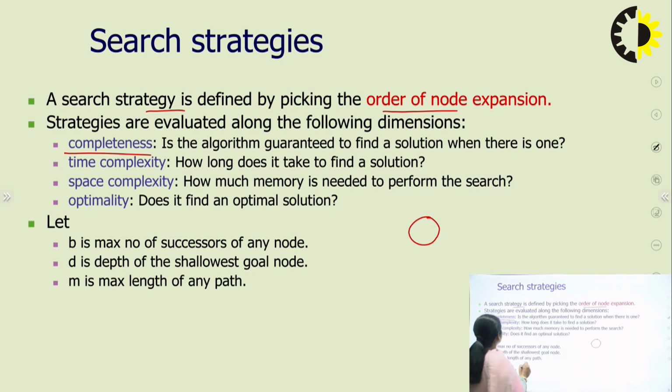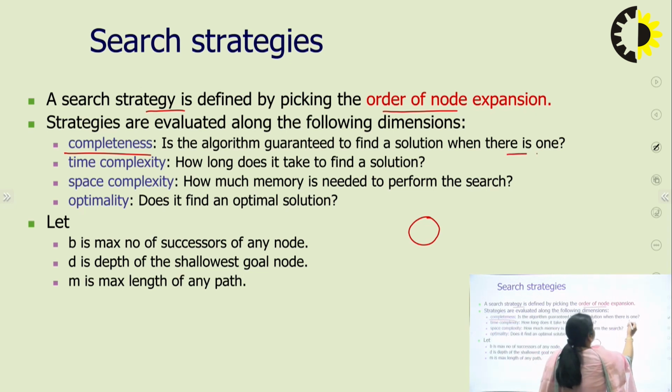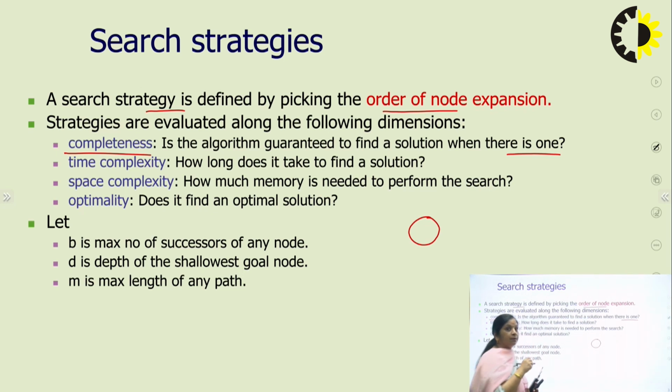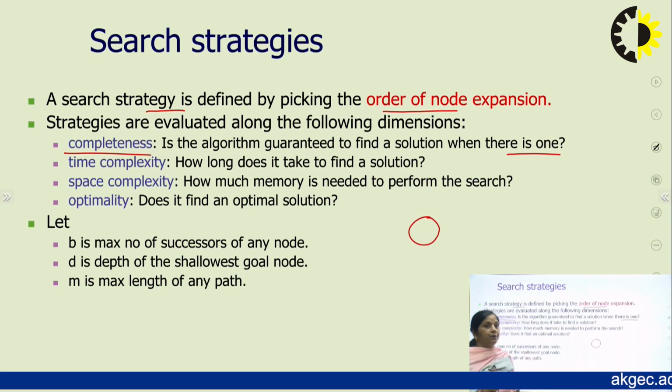That is the completeness property. Whatever algorithm we are using, is it able to find the solution when there is one? That depends on whether the algorithm is complete or not. That is the completeness property.